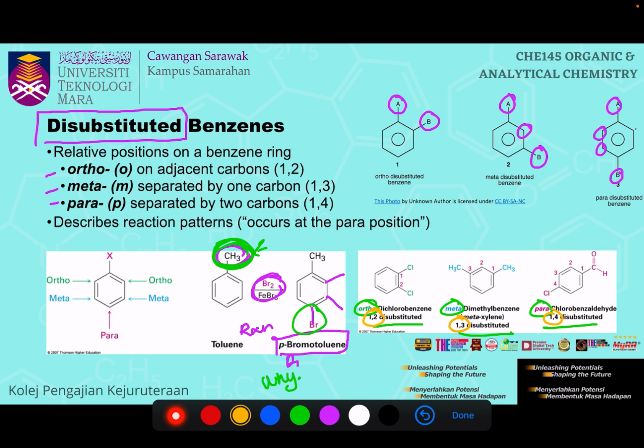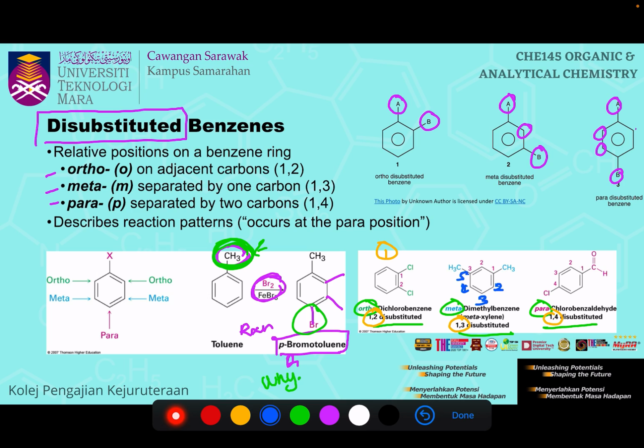Alright, so in this case, like in this first diagram here, it is a dichlorobenzene. So dichloro, both are chlorine, so no issues there. 1 and 2, either way should still be 1 and 2. Now meta, if you go anti-clockwise, you get 1, 2, 3. If you go clockwise, you end up with 5.